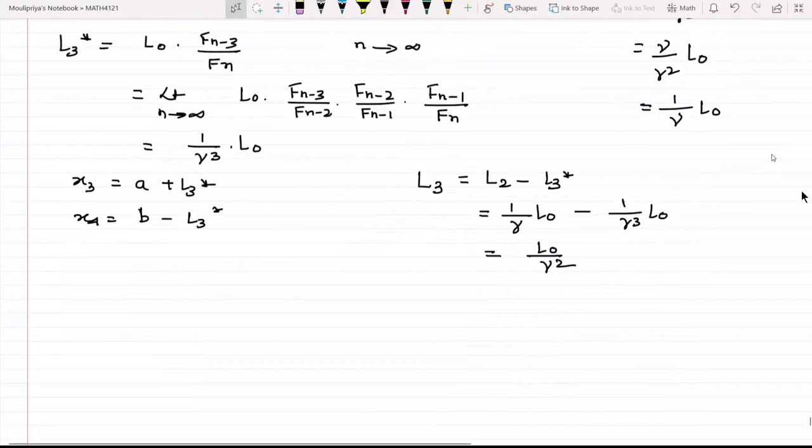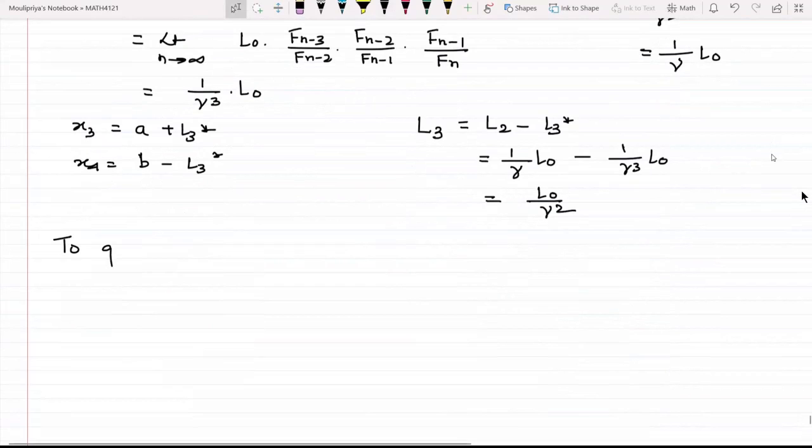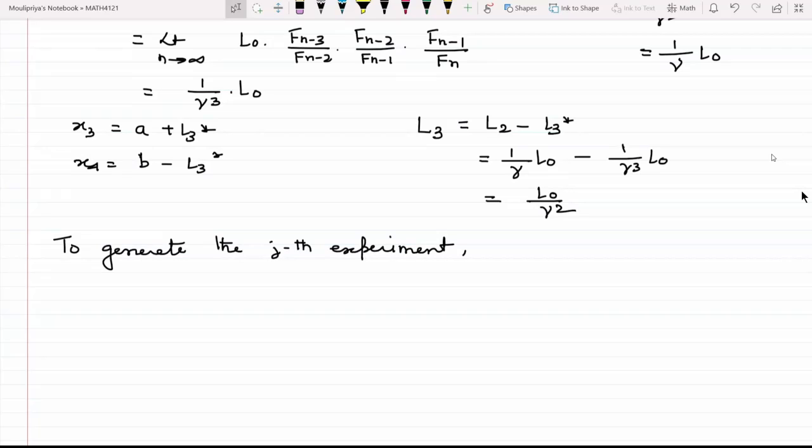So to generate the jth experiment, can I say that Lj star is equal to 1 by gamma to the power of j into L0, and Lj would be 1 by gamma to the power of j minus 1 into L0.